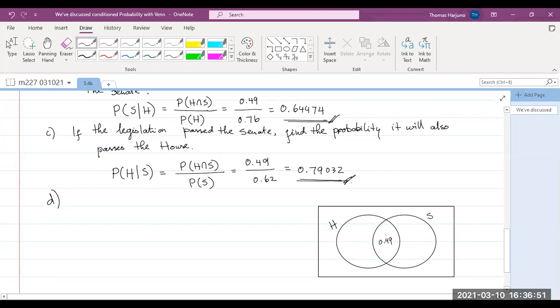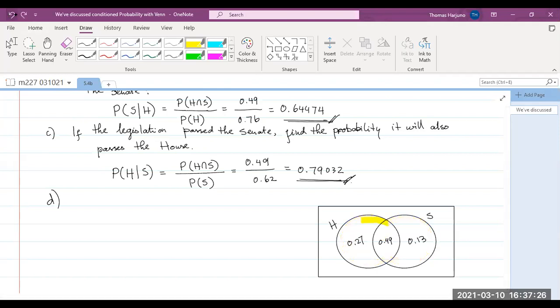Okay, passing the Senate is 0.62, so that's 0.13 probability of passing the Senate only. 0.27 probability of passing the House only. Now we know that the probability of passing either one of them, basically the union, is 0.89. Right? The total is 0.89.